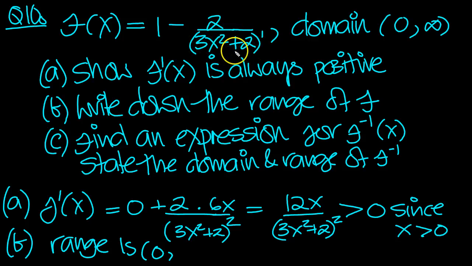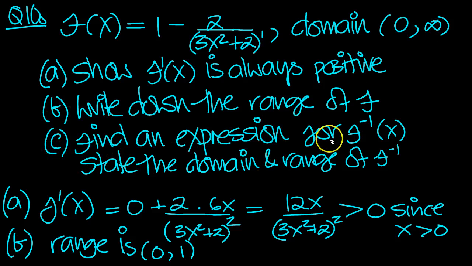So it's a huge positive number when x is large positive. 2 over a large positive is very, very small. So it's 1 take away a very, very small number. So it's going to tend towards 1, but never reach 1. So it goes up to 1, but doesn't touch it. So there's our range, just by looking at the property of f dash being positive and the values at either end of this domain.